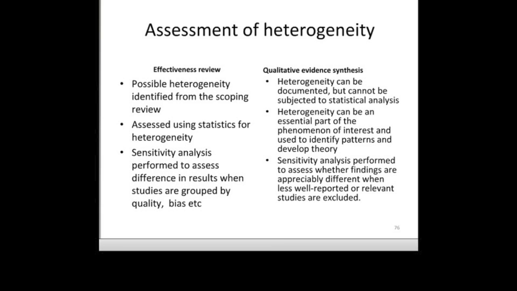We adopt the same logic in qualitative evidence synthesis, in the sense that for a sensitivity analysis, we remove all the findings generated from methodologically low quality articles, and we try to evaluate whether that changes our theory or our line of argument at all. It's a test that we incorporate in our reviews to see what the effect of low versus high quality studies is.